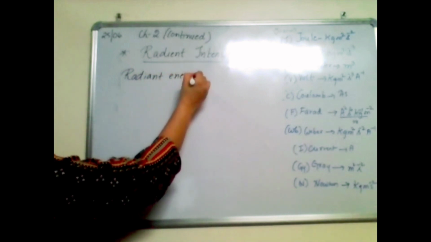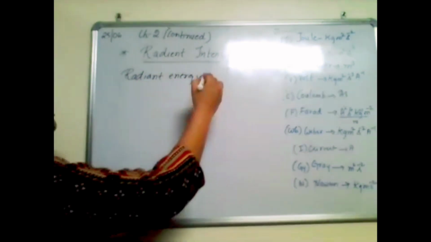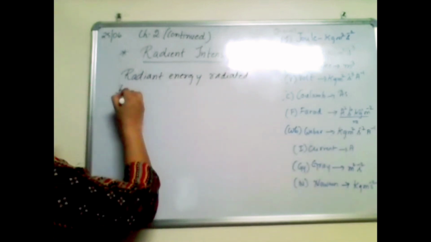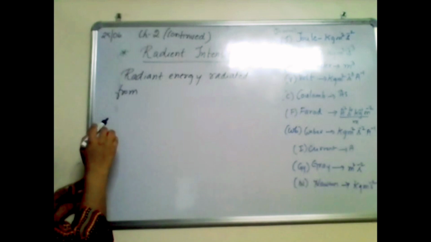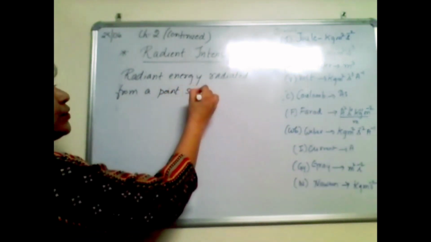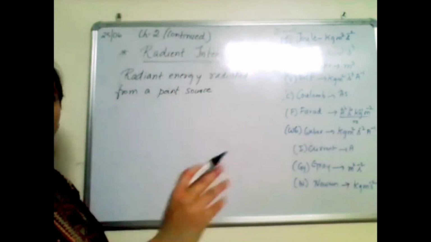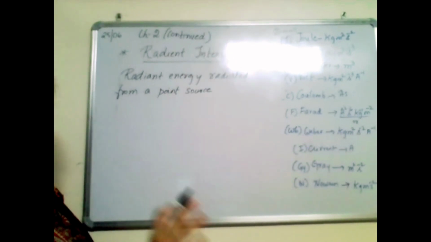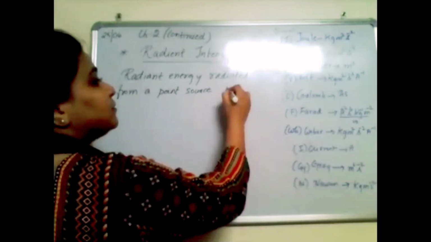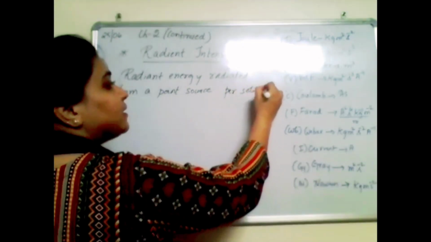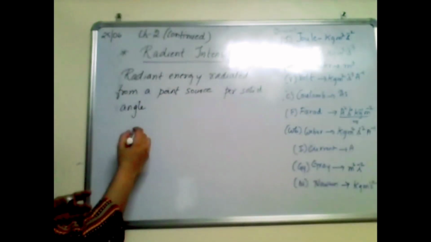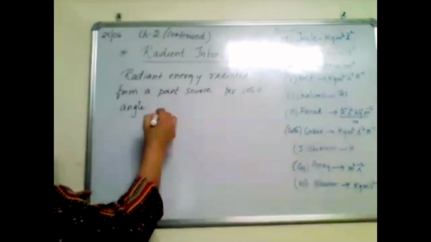Radiant intensity is nothing but radiant energy radiated from a point source. It may be anything, any point source, maybe the sun, any source of light, per unit solid angle in a radial direction per unit time.